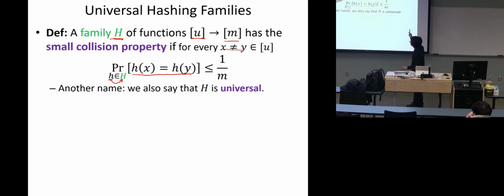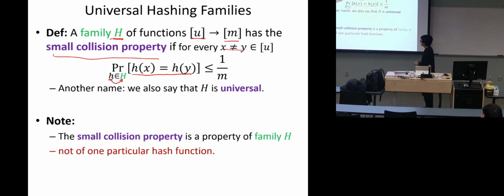When I say that H has a small collision property, another name for it is that H is universal. People call it this, and we don't need to understand why. There is a reason for this, but it's a weird reason. So this might be a better name for it: just say that H has the small collision property.